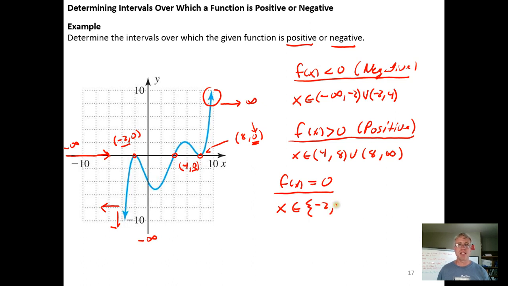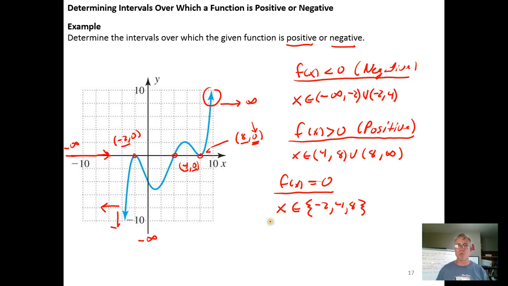It's just at -2 it's 0, at 4 it's 0, and at 8 it's 0. So here, if I wanted to say where the function was actually equal to 0, I would not use interval notation, because it's not 0 over any intervals. It's equal to 0 at discrete values of x.